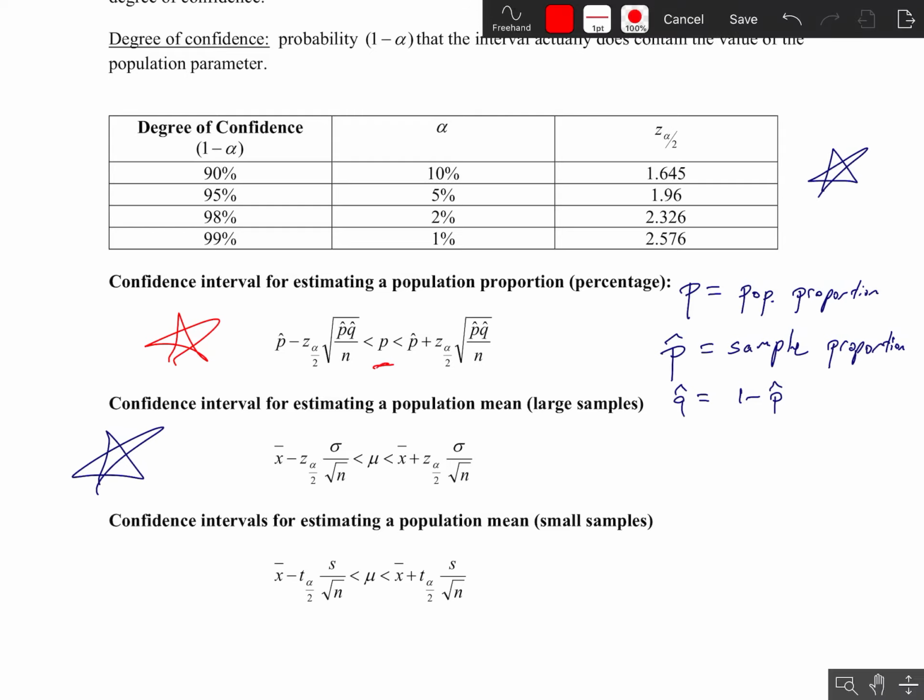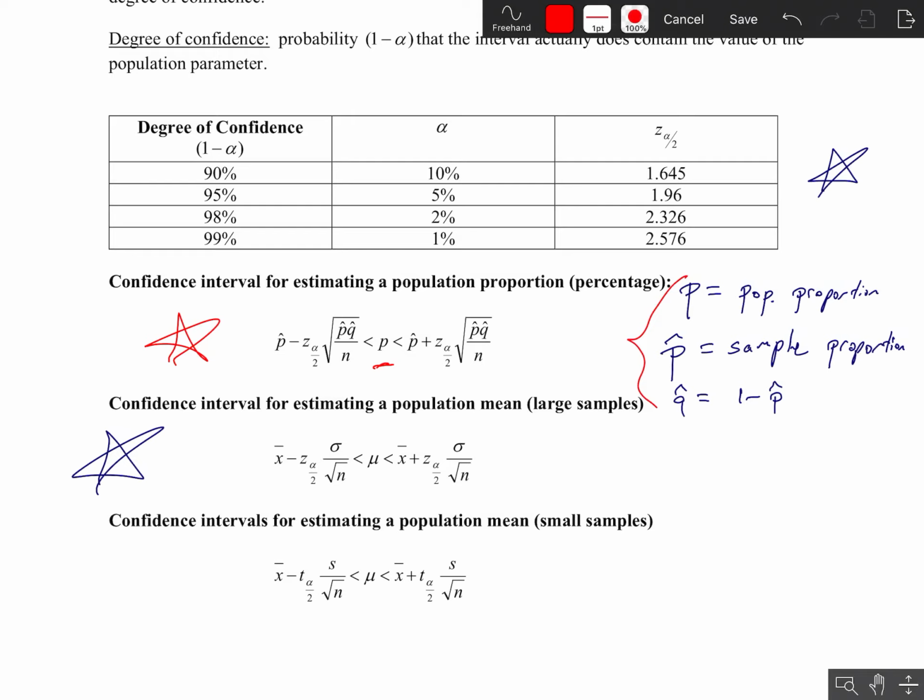proportion P. And I've given you a little key over here on the right side that tells you what all of these letters mean. P is the actual population proportion, so that can be expressed as a fraction or a percentage, something like that. So you might say that 85 or 90% of the population is right-handed. P hat is going to represent the sample proportion, so the proportion that you get just from your specific sample.